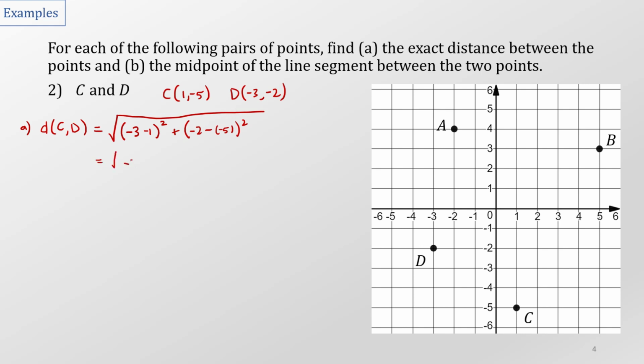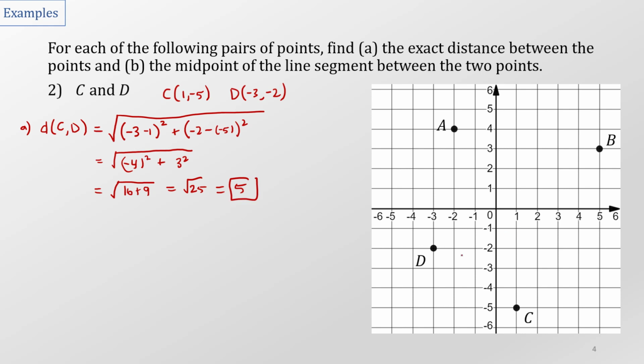Negative 3 minus 1 is negative 4. Negative 2 minus a negative 5 is negative 2 plus 5, which is 3. So we get the square root of 16 plus 9, which is the square root of 25, which is 5. So this distance is a nice number.